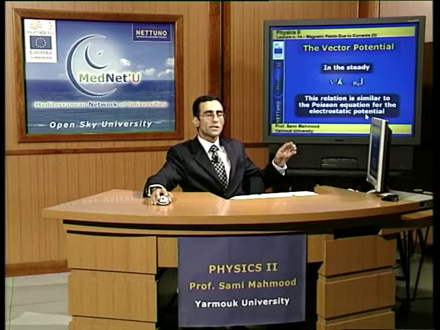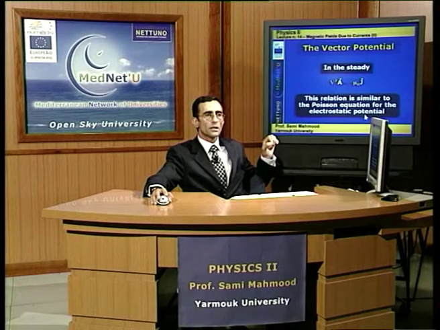The difference is that this is a vector differential equation that has, in general, 3 components in space. So we have the Poisson equation in 3 components, three equations, and it looks very similar to the Poisson equation in the electrostatic case.